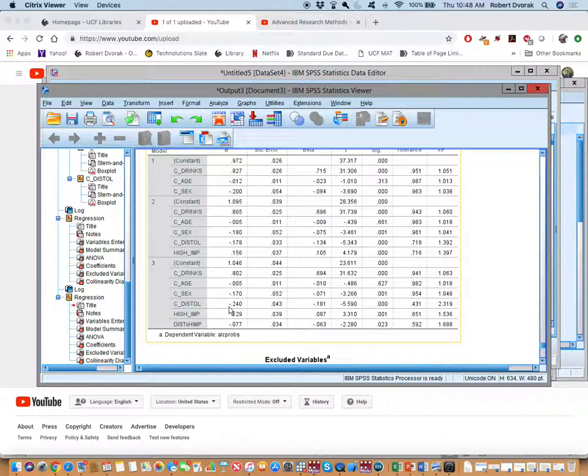Is that right? So either one of 2 things happened. Either I screwed up when I was making these variables, or for people with high impulsivity, distress tolerance is just more important for them. And that's maybe what we can conclude here. If you have high levels of impulsivity, the relationship between distress tolerance and alcohol problems is stronger. If you have low impulsivity, it's not as strong.